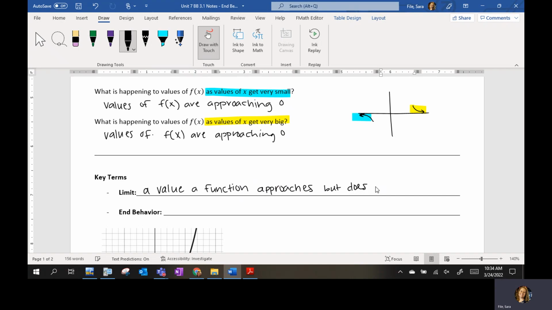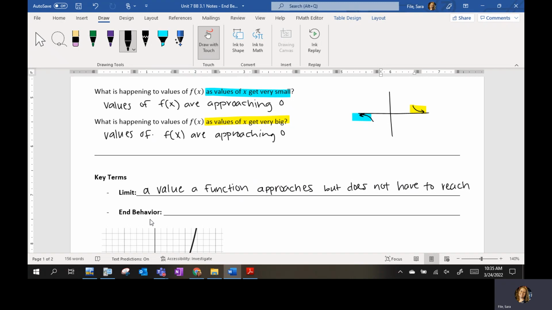It can reach it on occasion. It does not have to reach. Okay, so isn't that what we were just finding up here? Weren't we figuring out what f of x, the function, was approaching on the left and right? So that's what we were finding. We were finding the limit of that function. So when you find what's happening on the ends of the graph, you're finding the limit. The limit is the actual number that it is approaching.